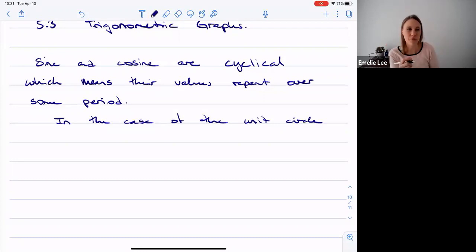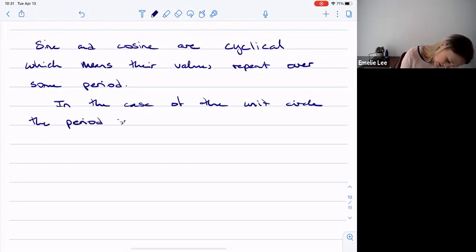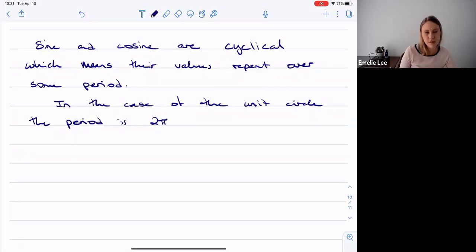Then you start all over again. So in the case of the unit circle, the period is 2 pi, since it takes a distance of 2 pi to start over again.